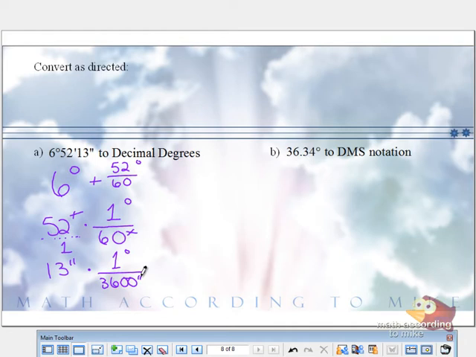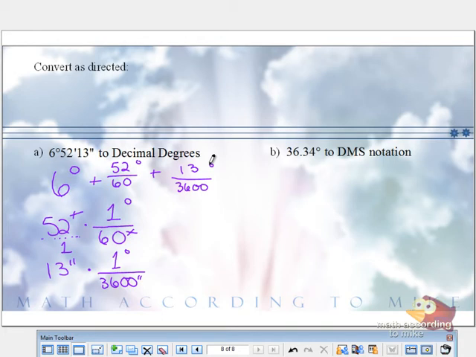We could have gone from seconds to minutes and then minutes to degrees. We would still get the same conversion. So here your seconds will cancel. So what fraction do we have here in terms of degrees? Yep. Hooray!